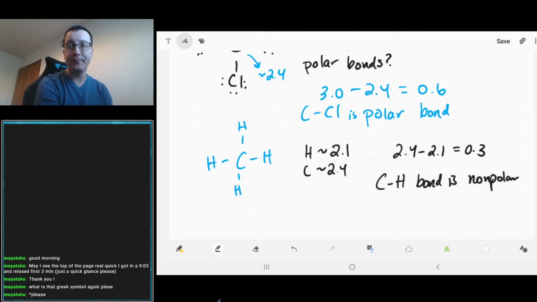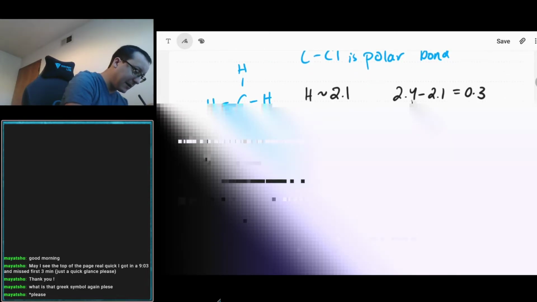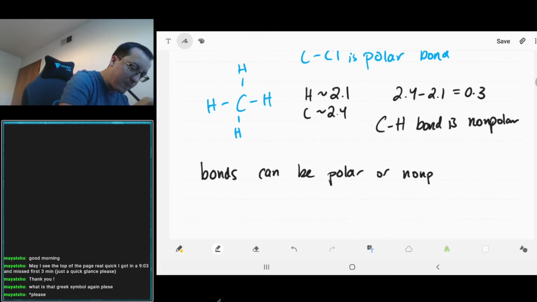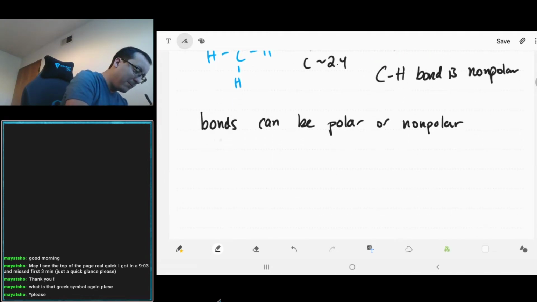So far, so good? So then we see that bonds can be polar or nonpolar. Molecules can also be polar or nonpolar.